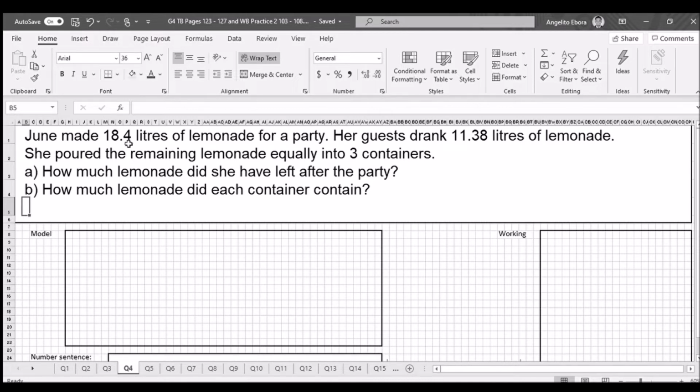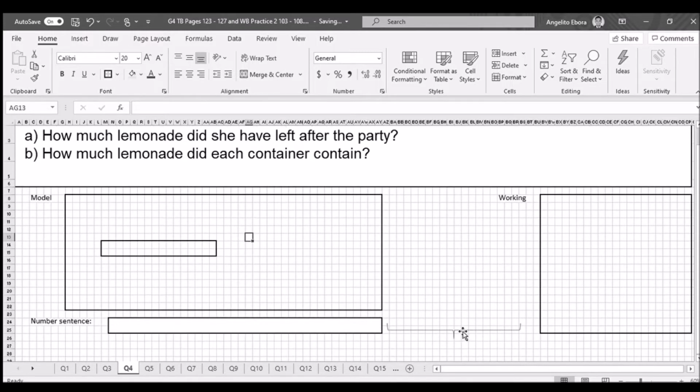Okay, so we have this amount of lemonade, which is 18.4. Her guests drank 11.38. So when you drink, then you need to find the remaining, right? So in this case, let us draw a model here. Let's say this is the lemonade that you have at first, which is how many?